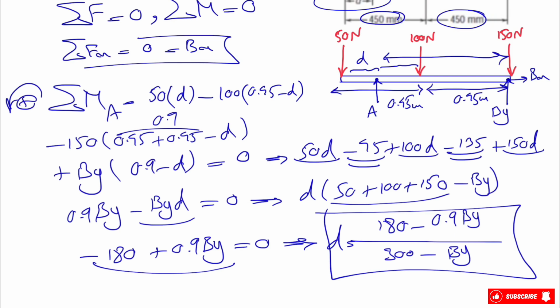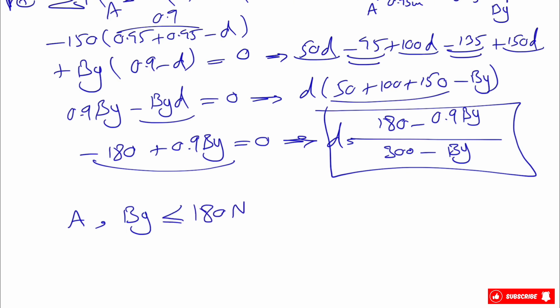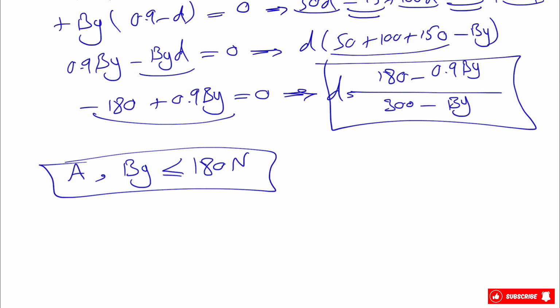We know we have conditions for A and B: both A and B cannot be more than 180 Newton. We're going to apply this condition later, but so far we found By, and we also have information about A.